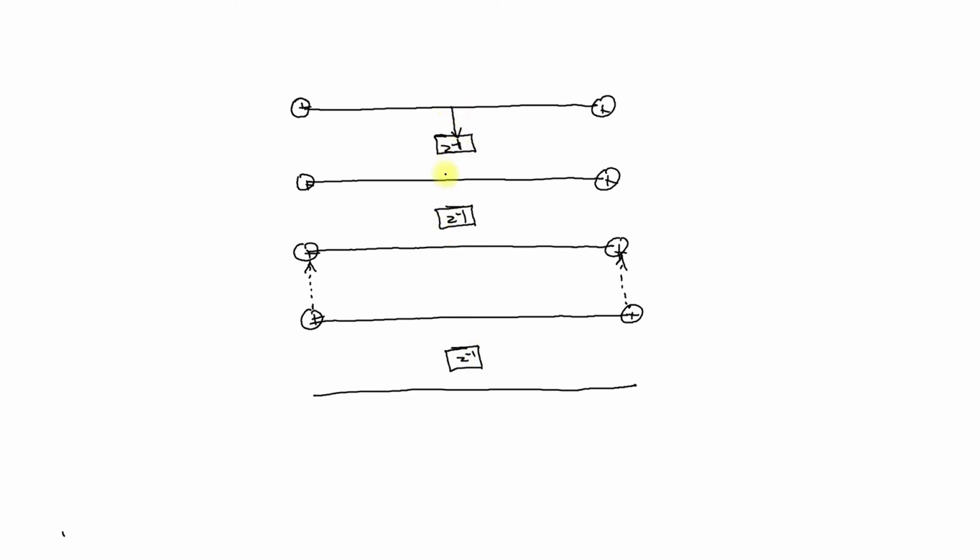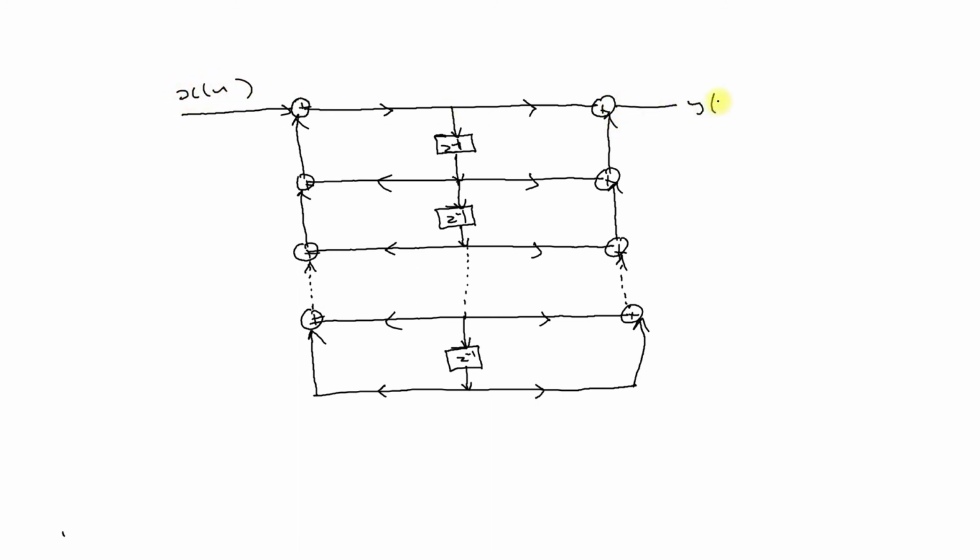Now put arrow marks, a0 to the right side plus the other a coefficients in the reverse direction, and give the input x of n, output y of n.